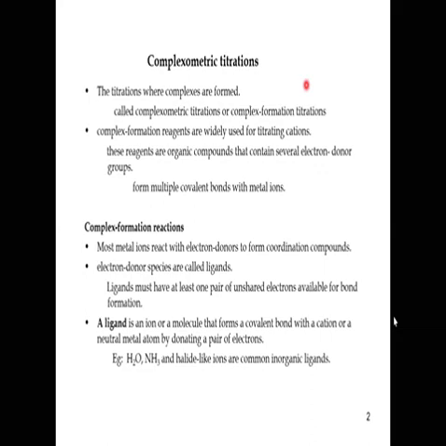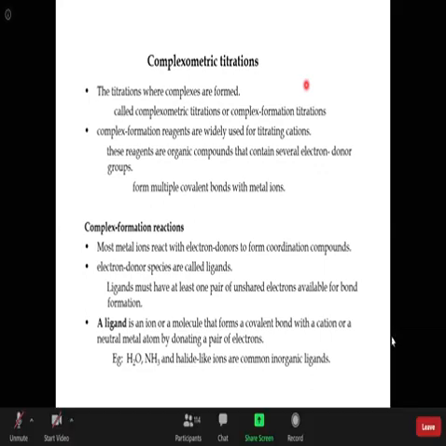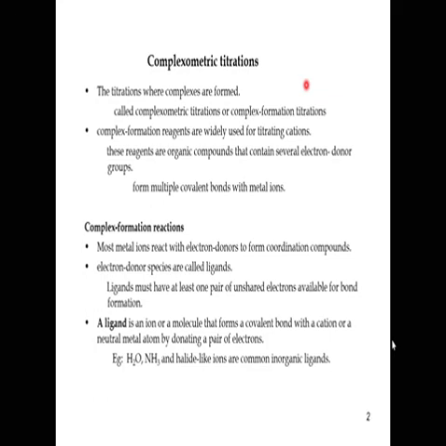So for the complex formation titration, now you know there should be a reagent. Here the reagent is the complex formation reagent, right? You have in the burette complex formation reagent.